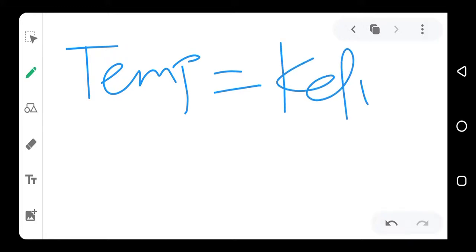All of them, the temperature must be in Kelvin. If you leave it with the unit given to you, if it is not in Kelvin, we are not going to get the answer. So this is very, very important, that all the temperature must be converted to Kelvin before you start solving or using them to do your calculations involving gas laws.